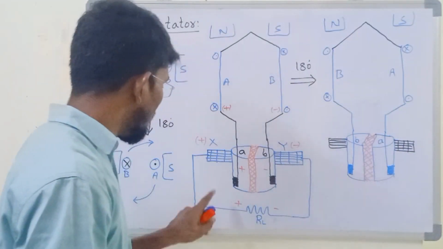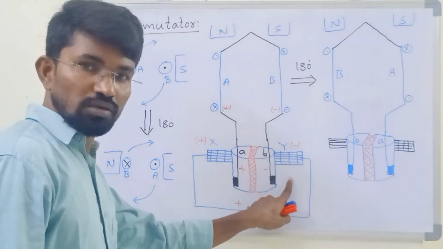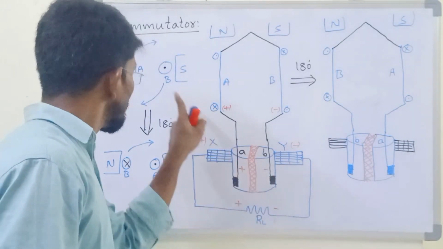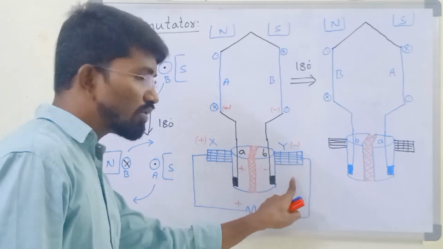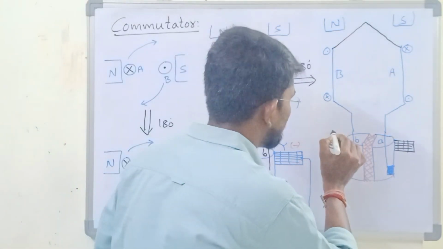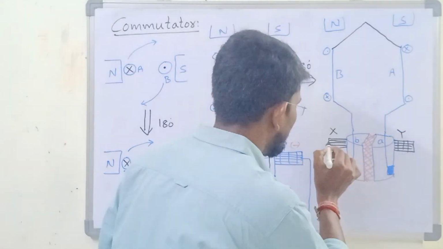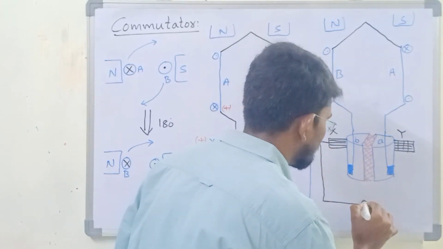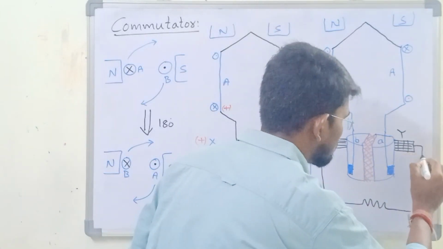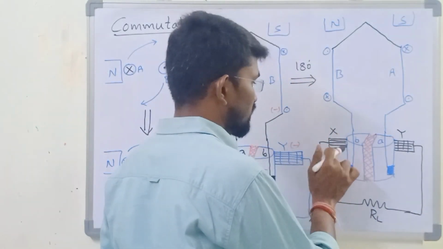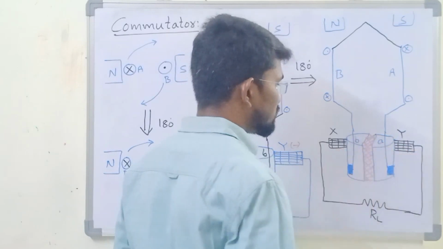Yes, brushes are always stationary. Brushes will not move. Only the commutator is rotating by 180 degrees when we rotate these conductors, and these brushes are always stationary. That means this brush X will remain the same and Y will remain the same, and a load circuit will be connected across these brushes. And this is the load circuit, and this is brush X, and this is brush Y.